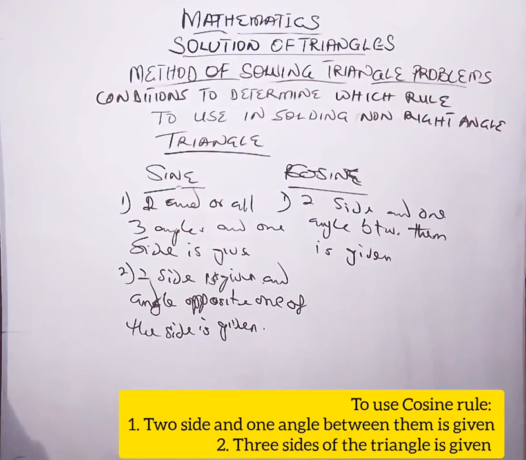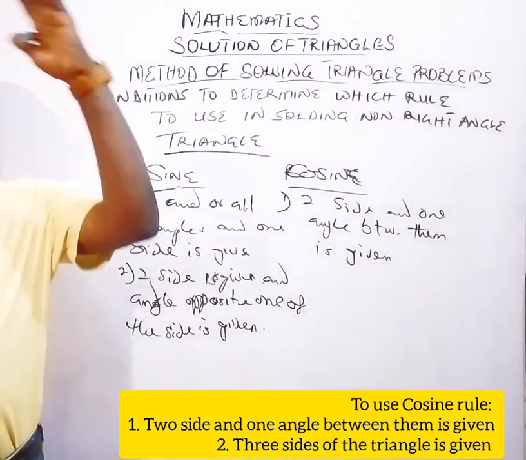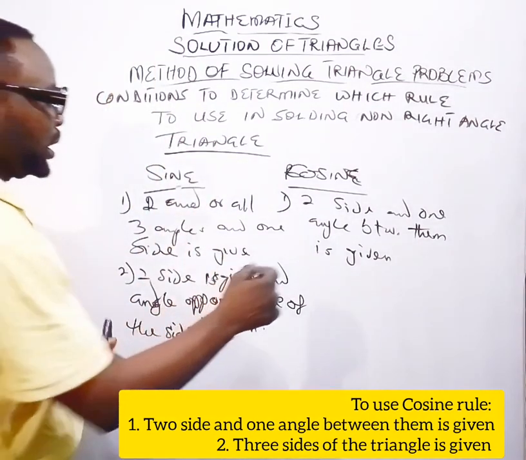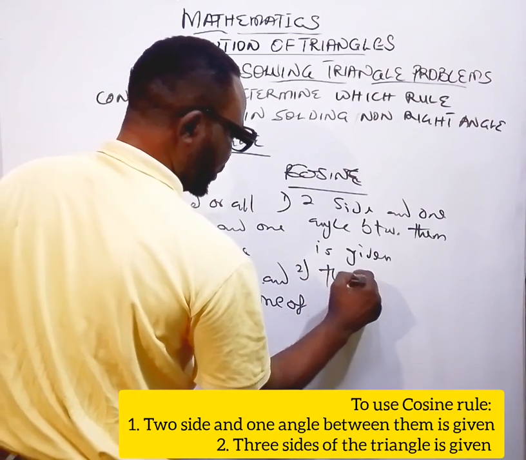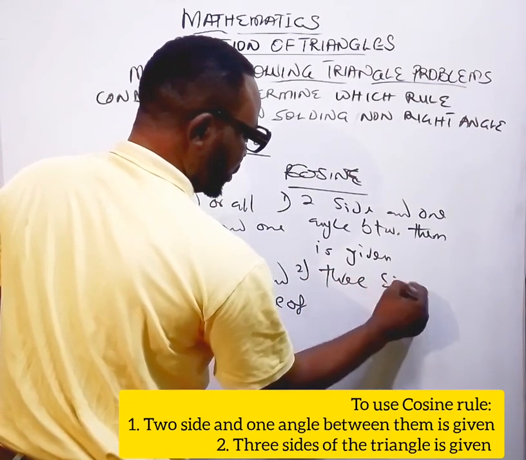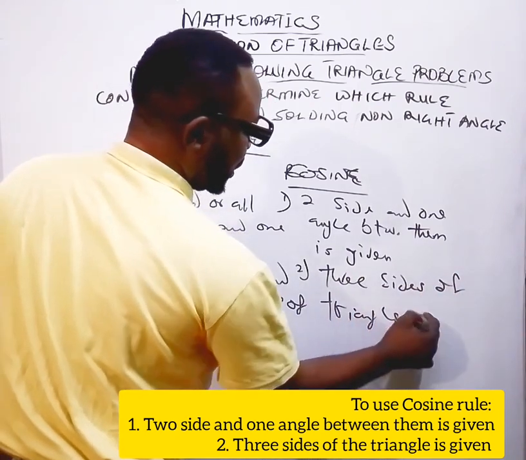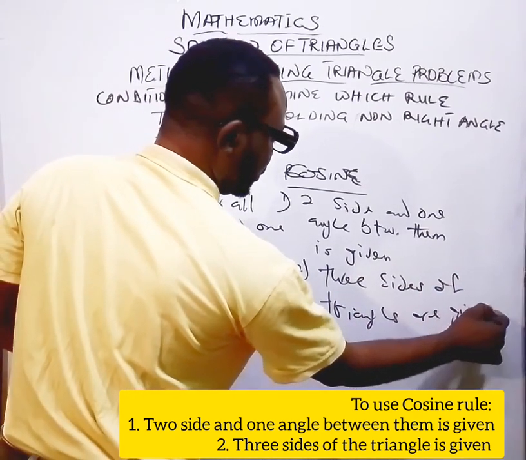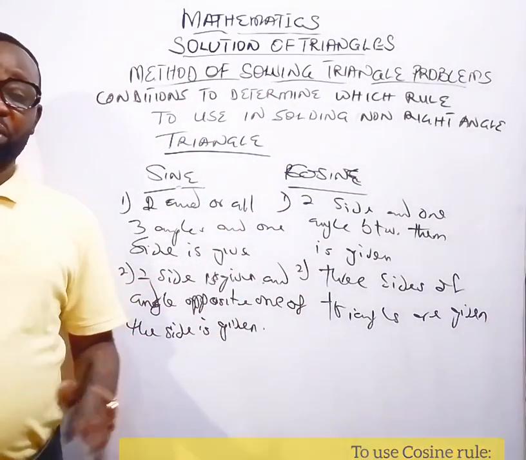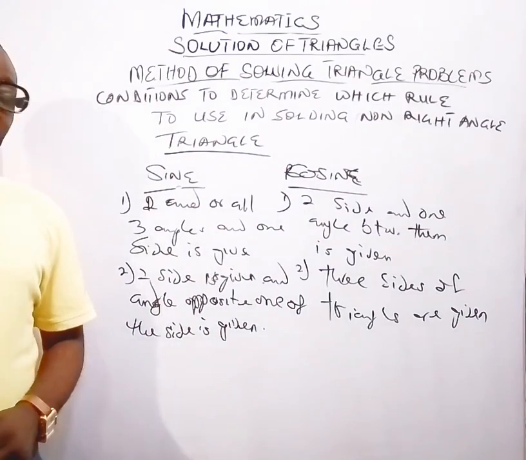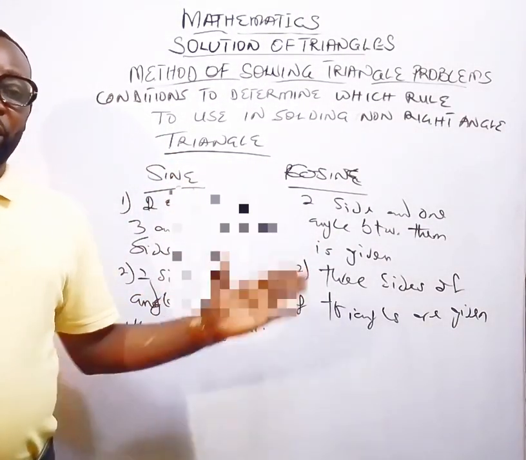Another condition is when the three sides of the triangle are given. Then you can make use of the cosine rule. Those are the conditions you can meet in making use of either the sine rule or the cosine rule.